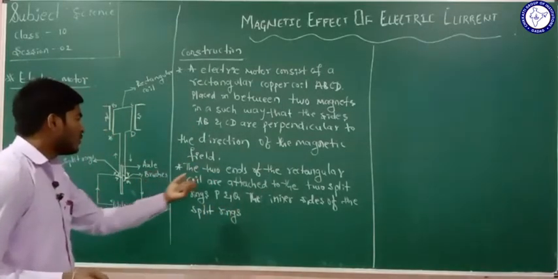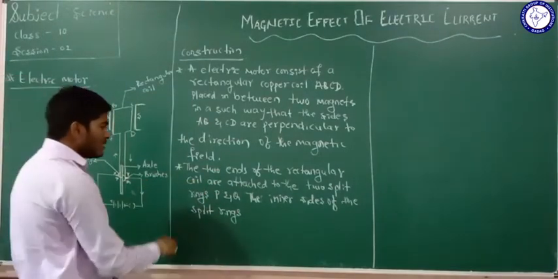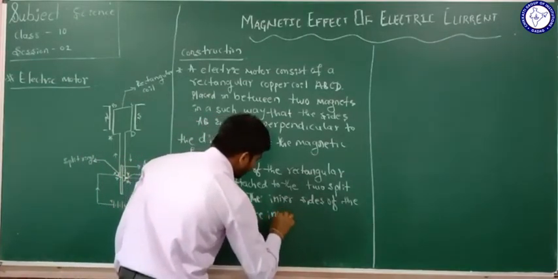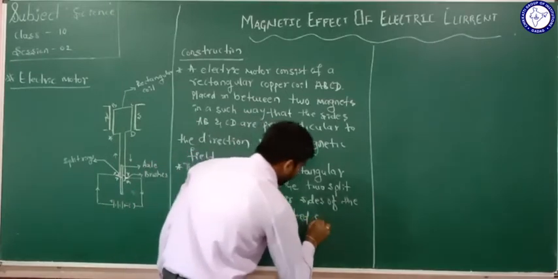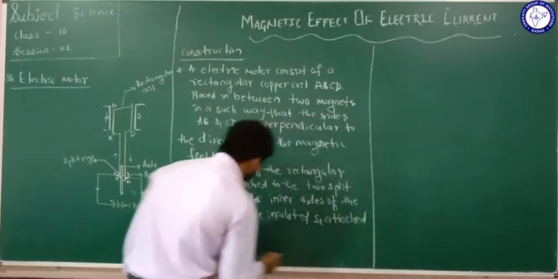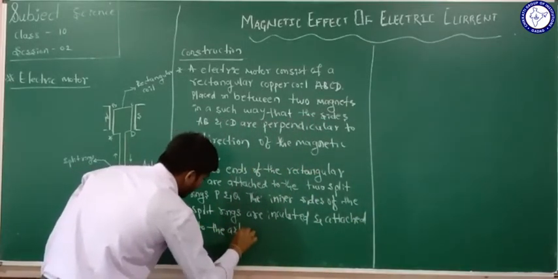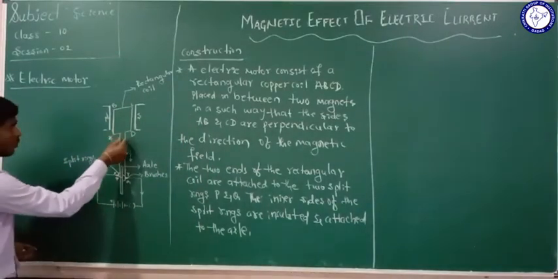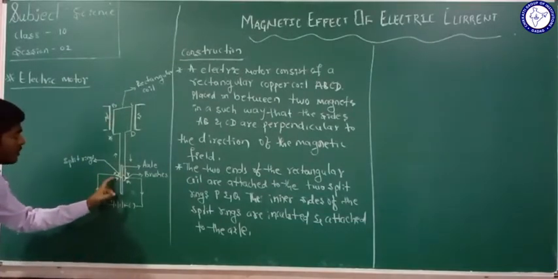The ends of the rectangular coil are attached to the two split rings P and Q. The inner sides of the split rings are insulated and attached to the axle. See here, the two ends of the rectangular coil are attached to the two split rings.